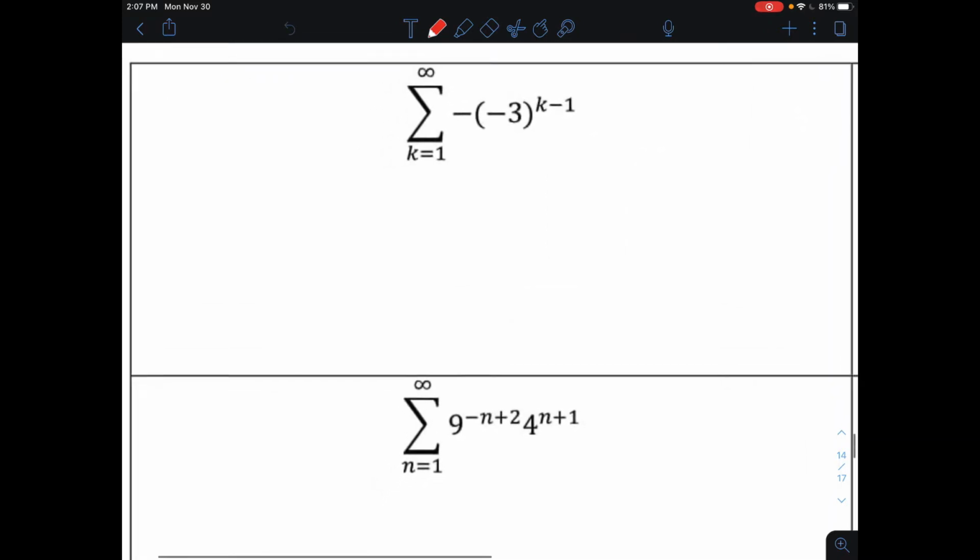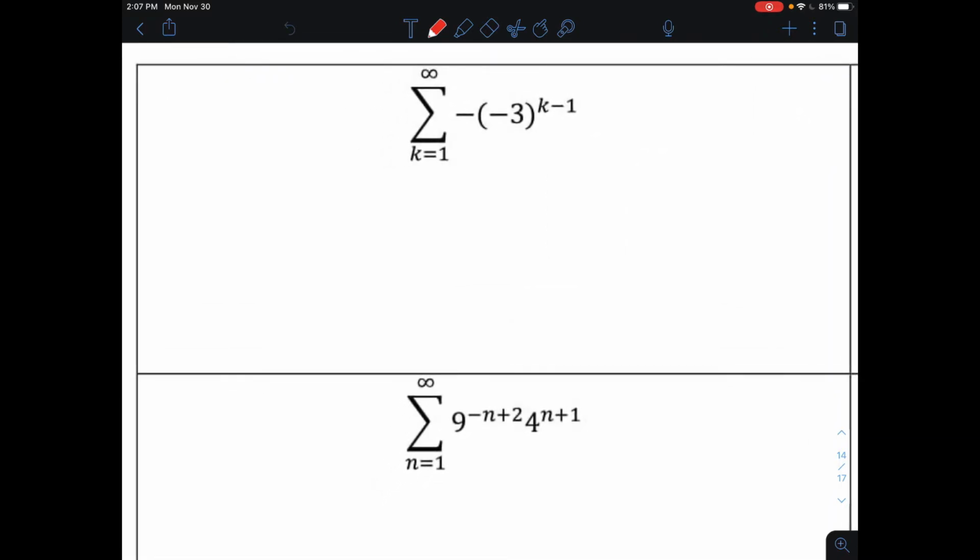So looking at this first problem, I look at the series, and this is a geometric sequence on the inside. So really we're looking at a_k equal to -1 times -3 raised to the k minus 1 power. What I want to find is that this series will converge if the absolute value of r is less than 1.